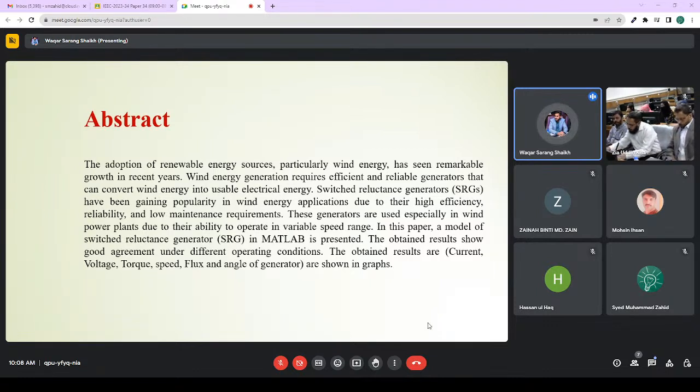Switched reluctance generators have been gaining popularity in wind energy applications due to their high efficiency, reliability, and low maintenance requirements. These generators are used especially in wind power plants due to their ability to operate in a variable speed range. In this paper, a model of a switched reluctance generator in MATLAB is presented. The obtained results showed good agreement under different operating conditions. The operating results are current, voltage, torque, speed, flux, and angle of the generator. These are shown in graphs.